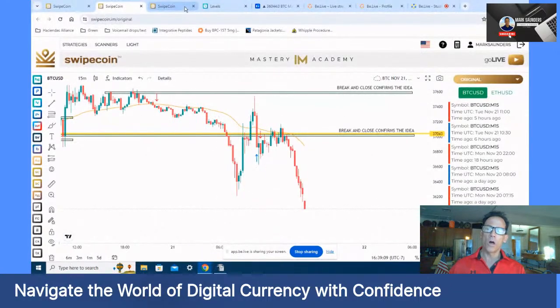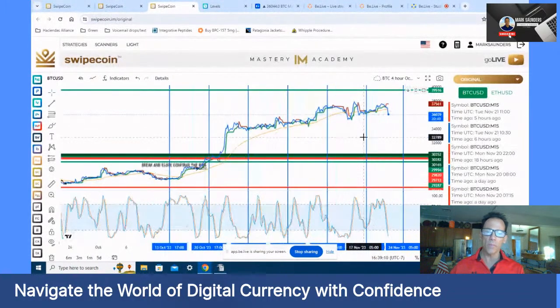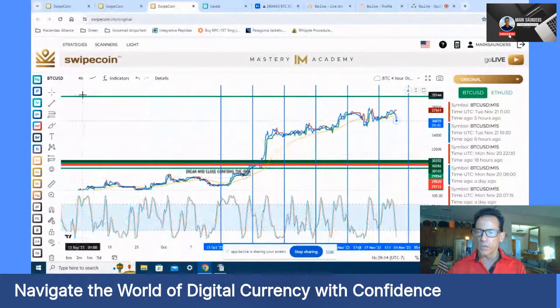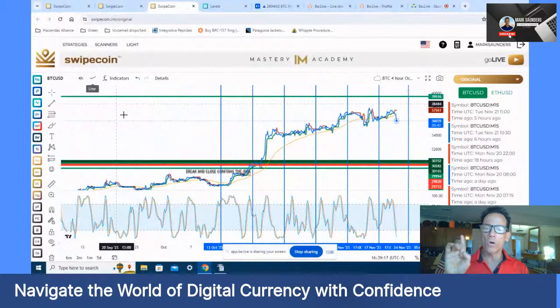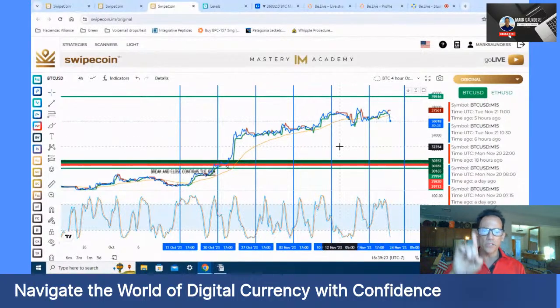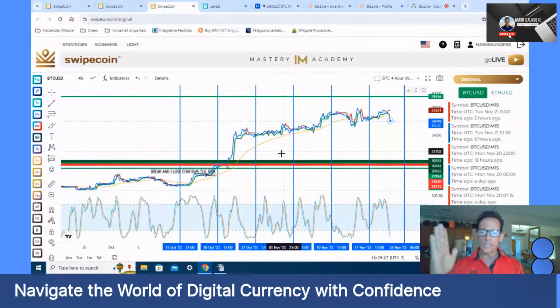I feel like swing trading is more like this time frame right here, the 4-hour time frame. If you look, each one of these vertical blocks is one week in time.